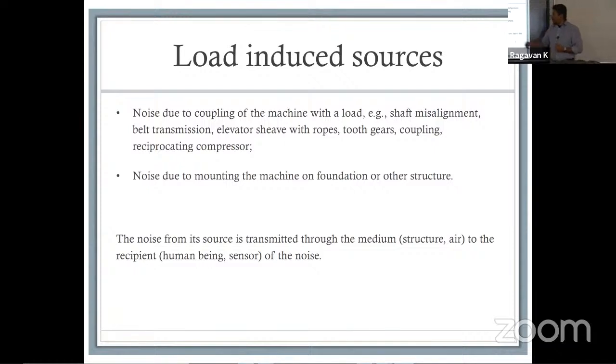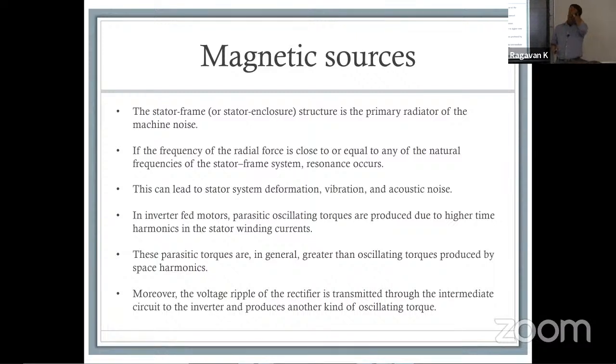So the noise that you get from the source is transmitted through some medium, and it goes to the recipient. The recipient could be a human, or another system or subsystem that you are exposing to noise. The ones we care about really are magnetic. We oftentimes look at noise, and the part that we as engineers are looking at is magnetic noise. The stator frame that you have is primarily the radiator of the machine noise. And if the frequency of the force is close to any natural frequency, you will hear that happen.